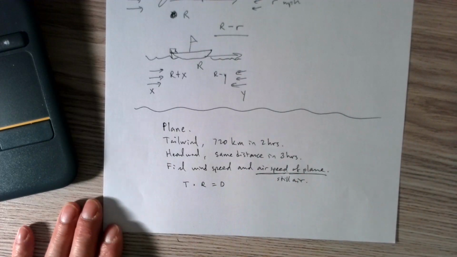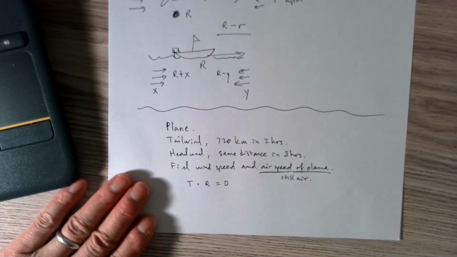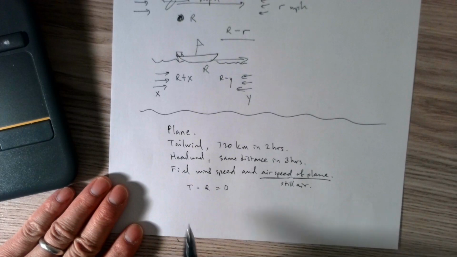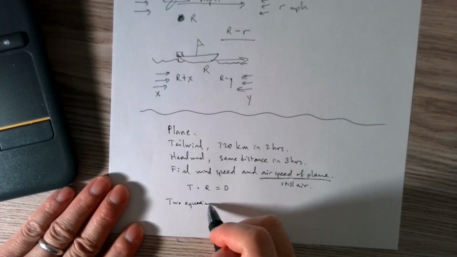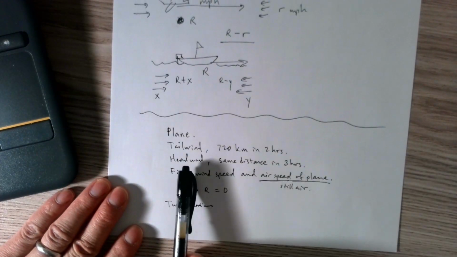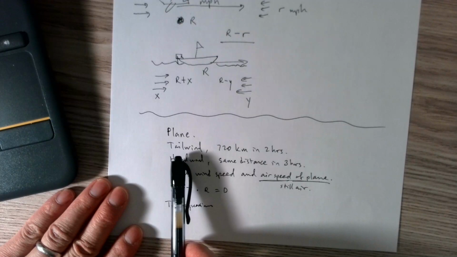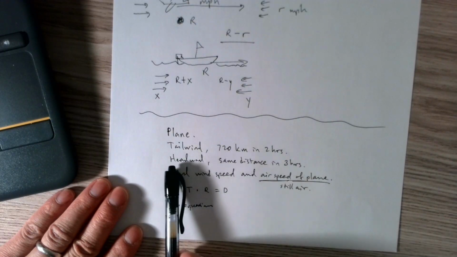I just like doing it that way. Now, we're going to have two equations. Why is that? Because we have two situations: the plane going against the wind and the plane going with the wind.